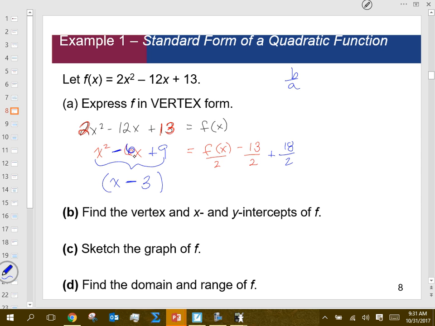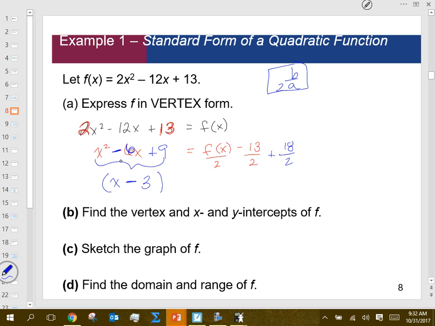That's what that 6 right there is, the b term divided by a. But this 3 here is now half that, correct? So if I multiply that by 1/2, I get something that looks like this. B over 2a. Okay? I'm going to come back to that b over 2a here in a moment. But that becomes very, very, very important for us to kind of expedite the process and make things a little bit more efficient for us when we want to change things into vertex form. From quadratic form to vertex form.